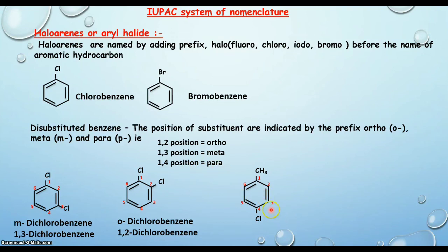Here, if only methyl group is attached to the benzene ring, then that structure is called toluene. This toluene term we are using for naming this structure here. So the common name for this structure is para-chlorotoluene and IUPAC name for this structure is 4-chlorotoluene as chlorine is present on the fourth position of the toluene compound.